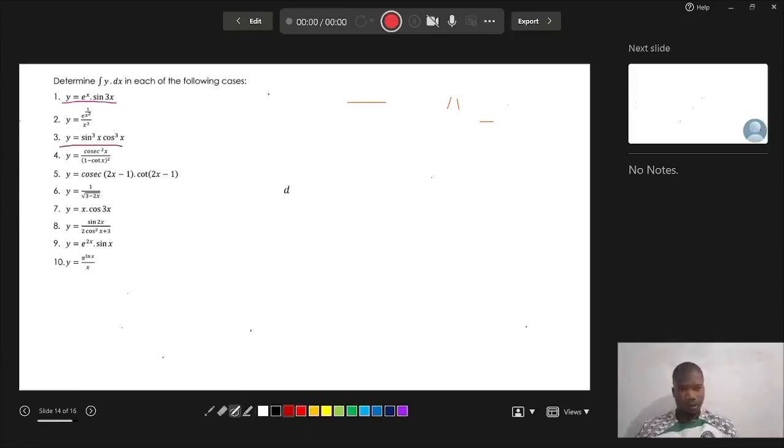So we have to integrate this: sine cubed x multiplied by cos cubed x dx, right? So that is what we have to integrate, right?